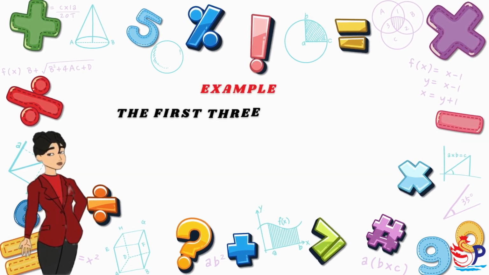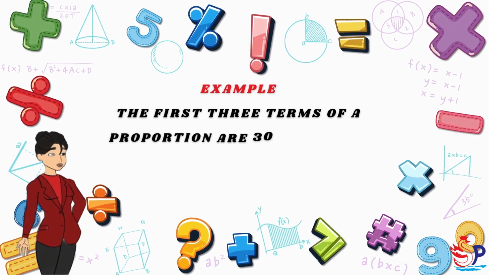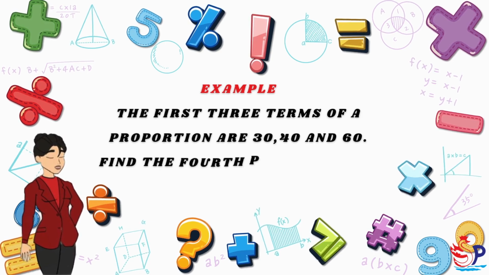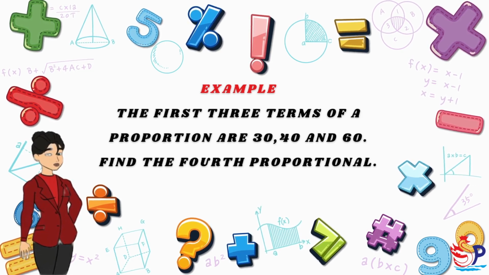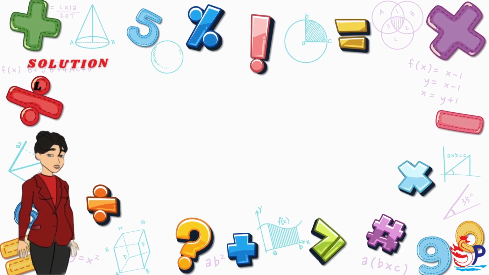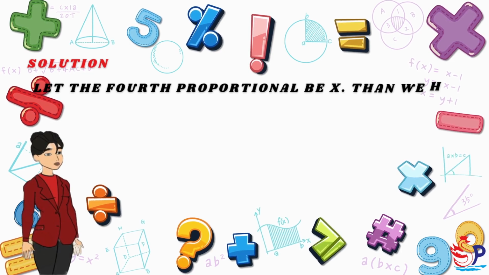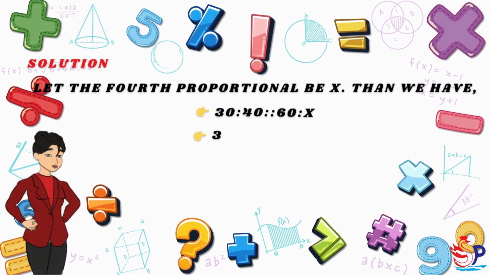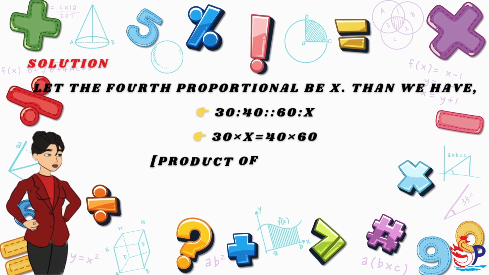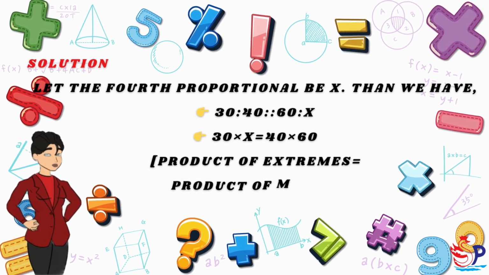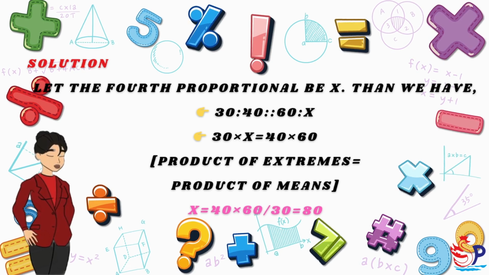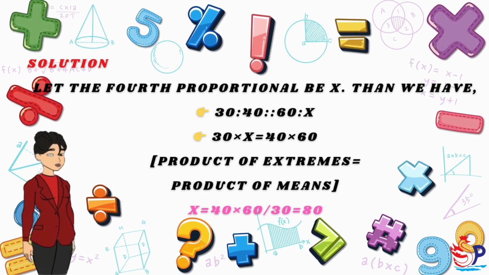Example: the first three terms of a proportion are 30, 40 and 60. Find the fourth proportional. Solution: let the fourth proportional be x. Then we have 30 ratio 40 is to 60 ratio x. 30 multiply x is equal to 40 multiply 60.